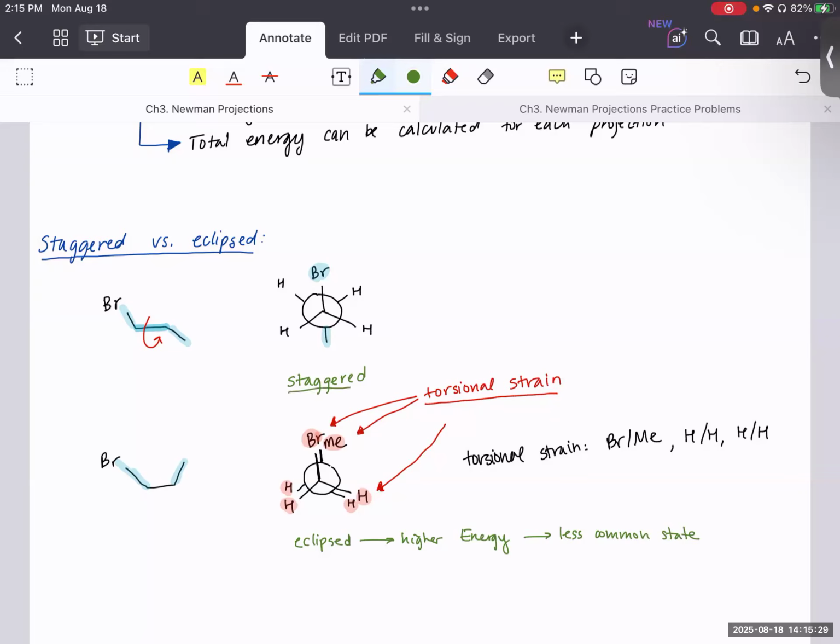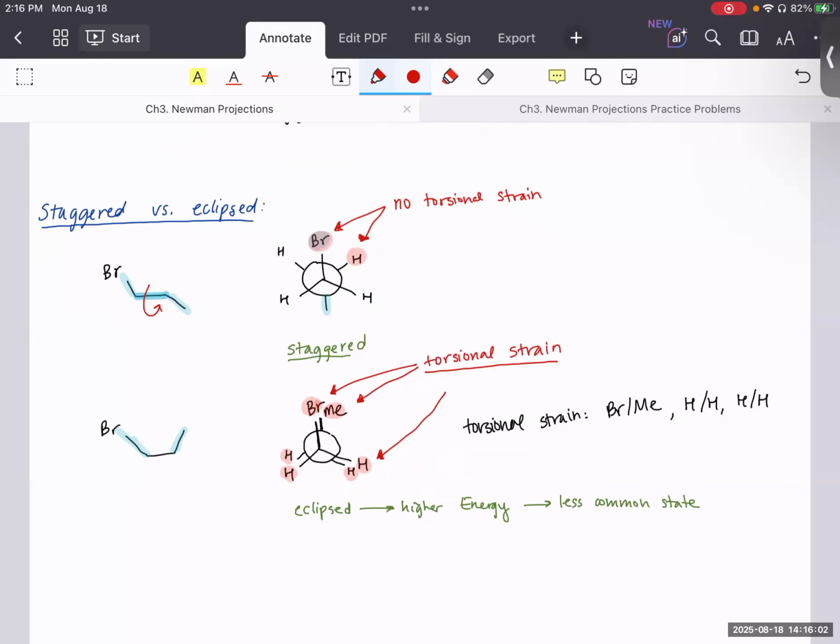In comparison, in the staggered state, all the groups are opposite each other. We don't have that torsional strain because those electrons are not lined up with each other. So for example, this bromine and this hydrogen do not have torsional strain, because those electrons are not directly lined up. There's an angle between the electrons found in those bonds. All right, so that's torsional strain.